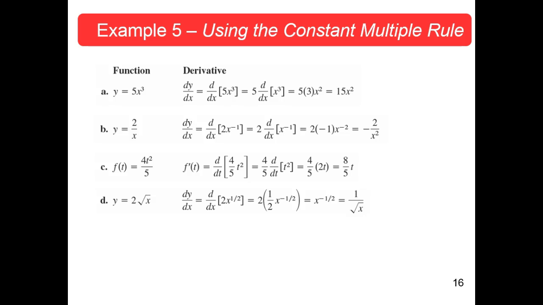What would you do first? Rewrite. How? 2 times x to the 1/2. Yes, 2 times x to the 1/2. And then you take the derivative of that, and what do you get?